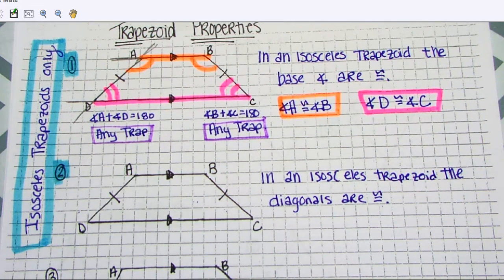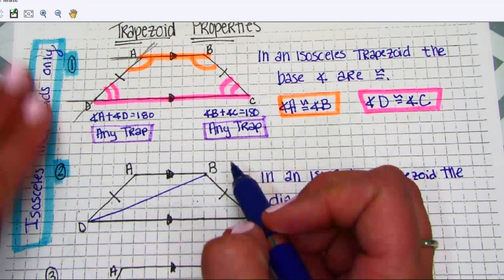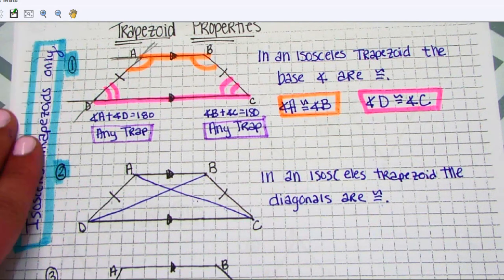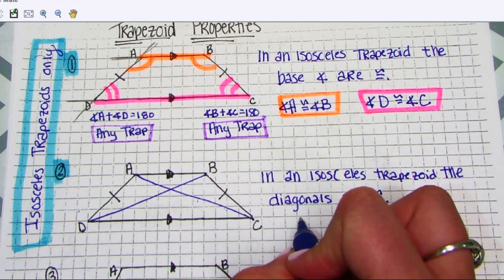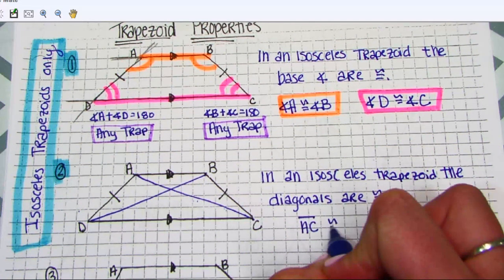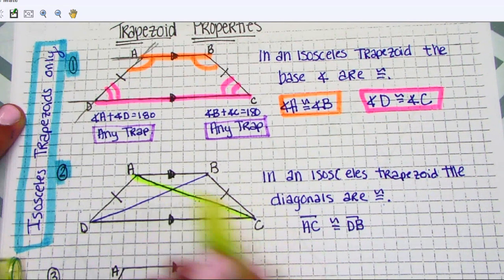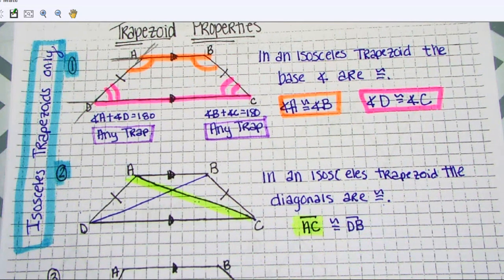So in our picture, that would be like A to C and D to B. So this distance is the exact same as this distance. So the distance from segment AC would be congruent to segment DB. So this distance here, the whole entire thing, is equal to DB.